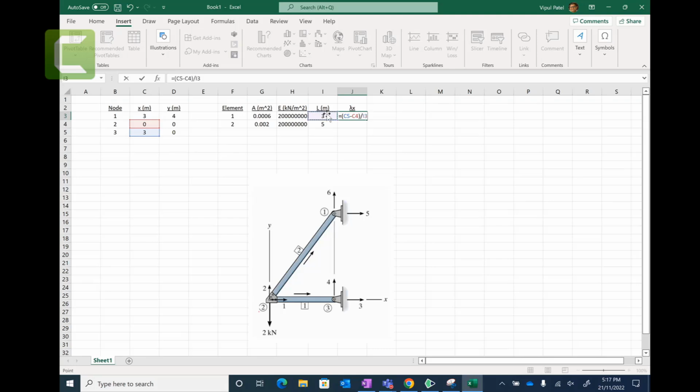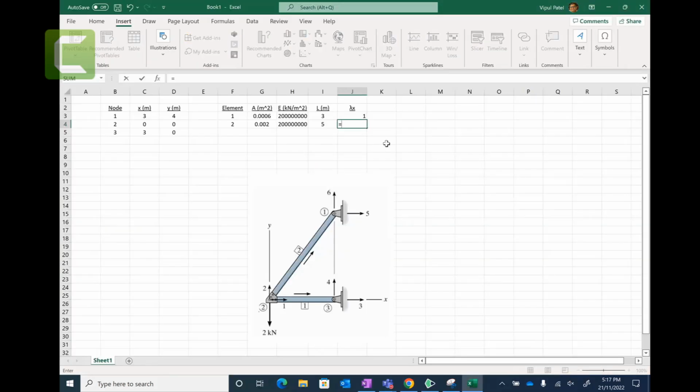Right? I can stop here. This is element number 1, and x of 3 minus x of 2. This is far node, near node. So that's what we have done. I think we already did 3 minus 0 over length 3. Enter. You can see in our calculation it was 1.